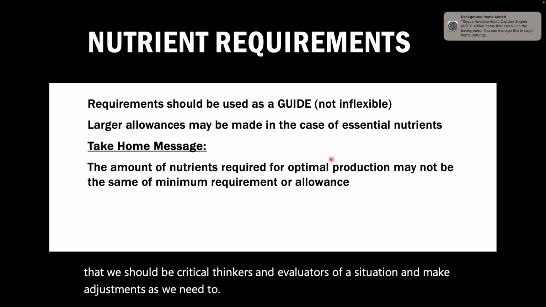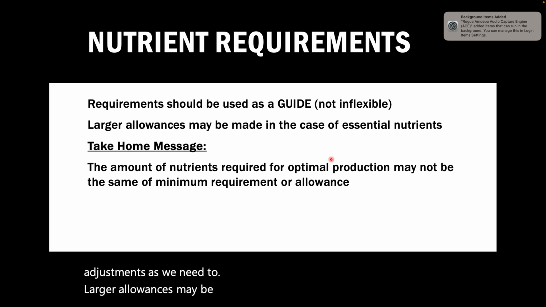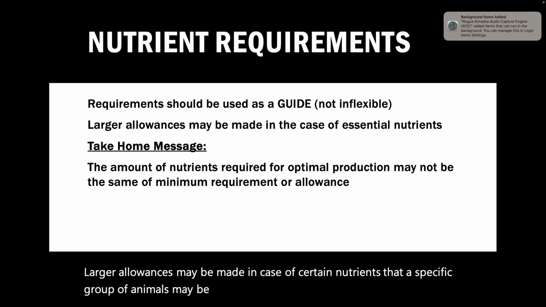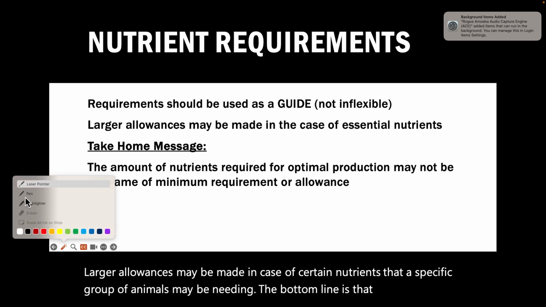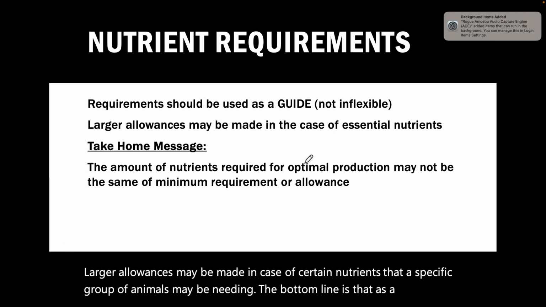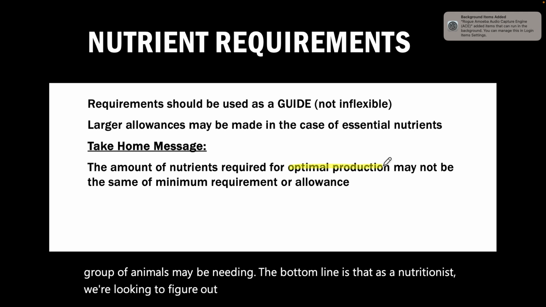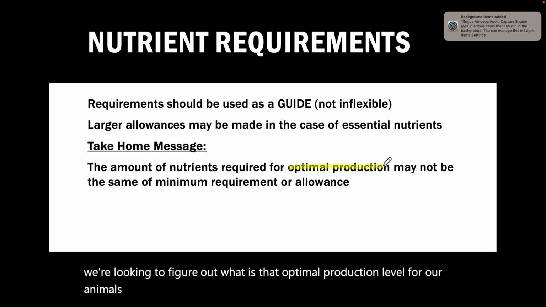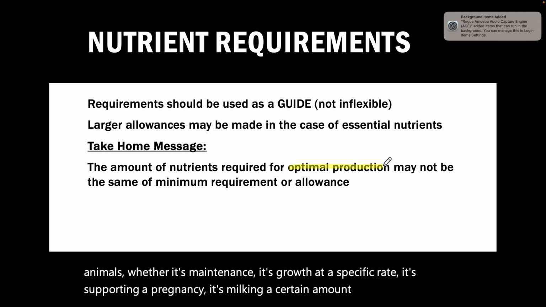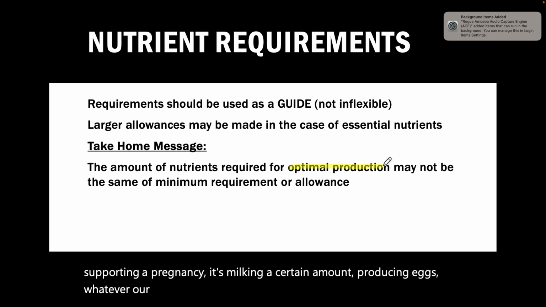Larger allowances may be made in case of certain nutrients that a specific group of animals may be needing. The bottom line is that as a nutritionist, we're looking to figure out what is that optimal production level for our animals, whether it's maintenance, growth at a specific rate, supporting a pregnancy, milking a certain amount, producing eggs, whatever our example is.